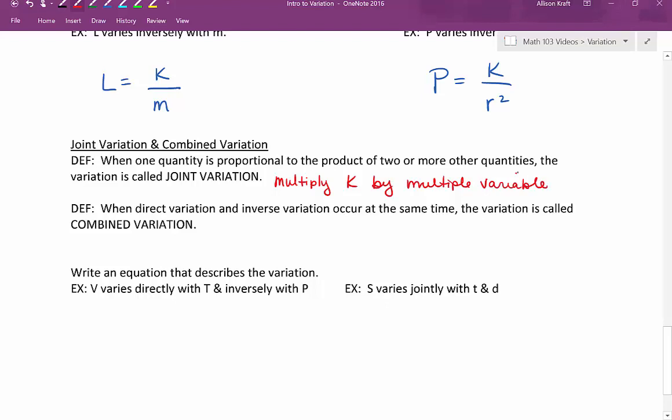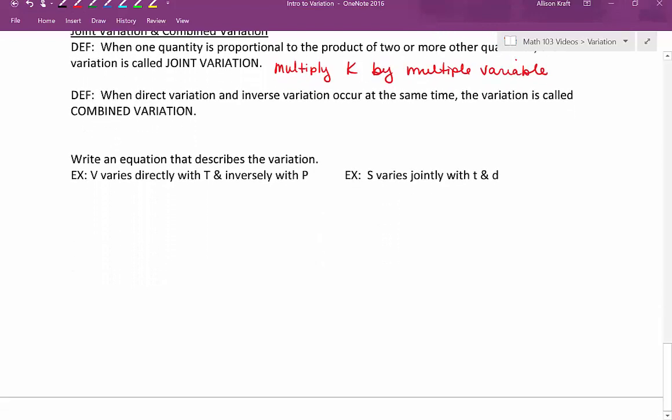And then when direct variation and inverse variation occur at the same time, the variation is called combined variation. So here we're going to be multiplying k by one thing and dividing it by another thing.